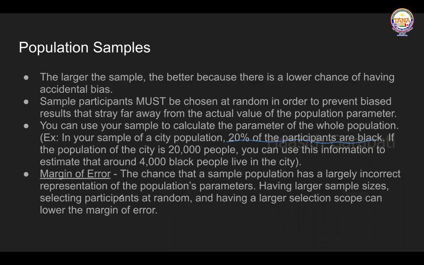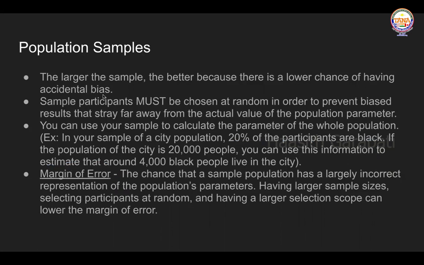Another thing is a concept called margin of error, which is the chance that a sample has a largely incorrect representation of the population's parameters. Basically, margin of error represents the chance that your sample is really wrong. That's why we have larger sample sizes and select participants at random, because a larger selection scope lowers your margin of error.